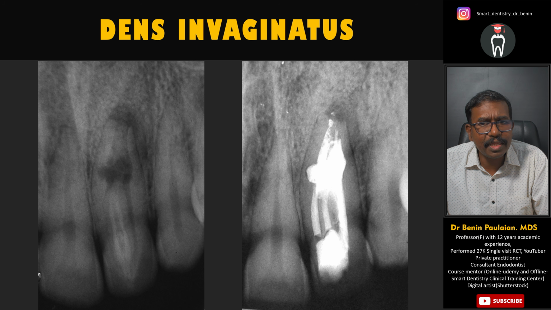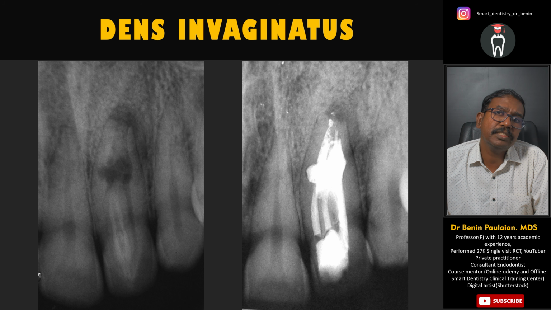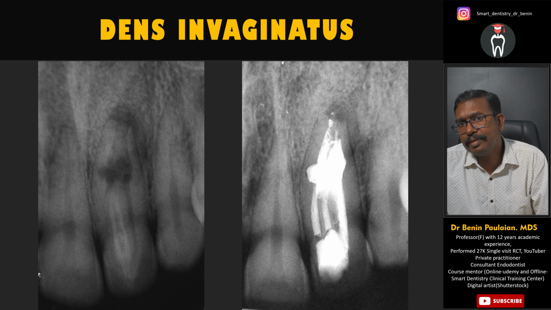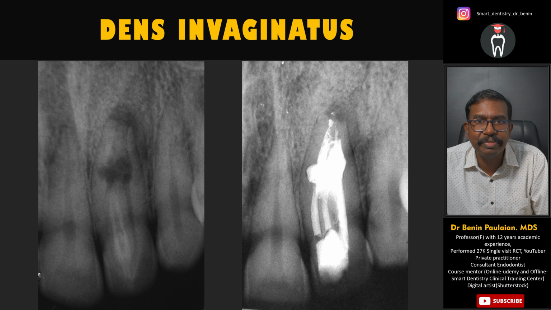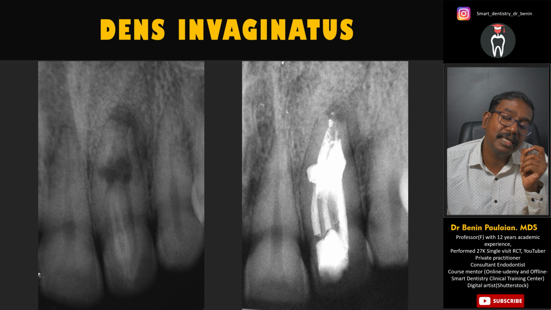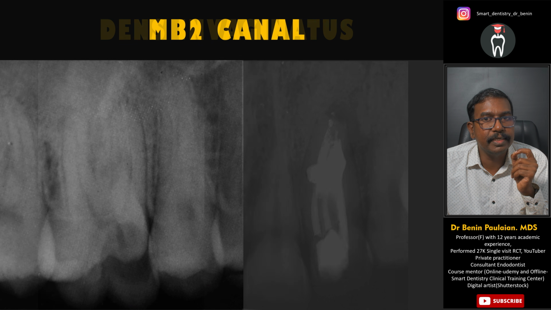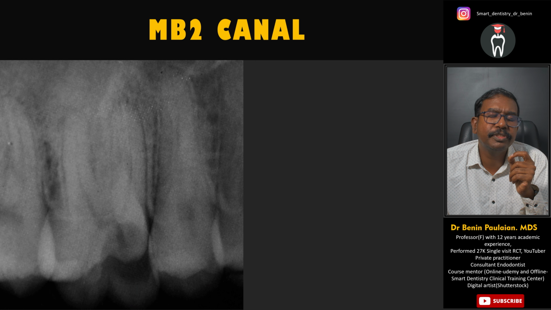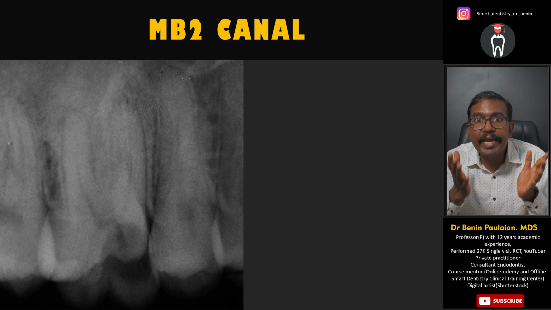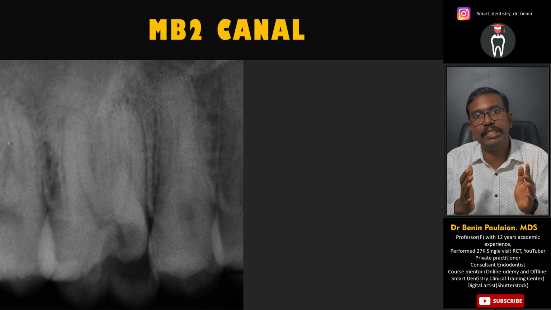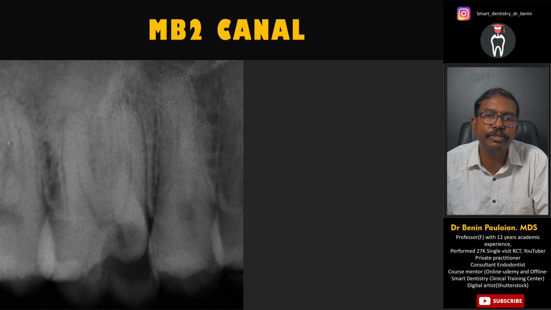So just by looking at the first appearance, it looks like something is not correct, but the incidence of these anomalies is more in clinical practice. Only if you are observing with your eyes open and with knowledge of these anomalies, you will be able to make an easy diagnosis.